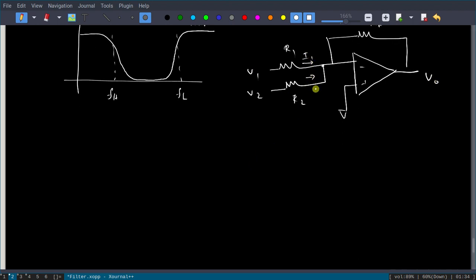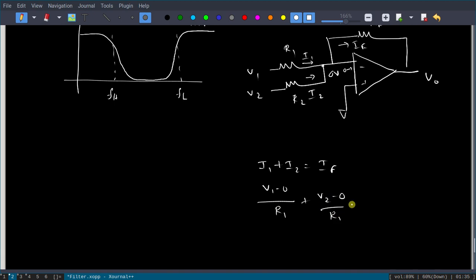This is I1, this is I2, and this is IF, and no current, 0 ampere, flows through the op amp. So if you apply Kirchhoff's current law here, I1 plus I2 equals IF. From the virtual ground, this will be at 0 volt. So I1 is V1 minus 0 divided by R1, here it is V2 minus 0 by R2, and this one is 0 minus V0 divided by the resistor RF.